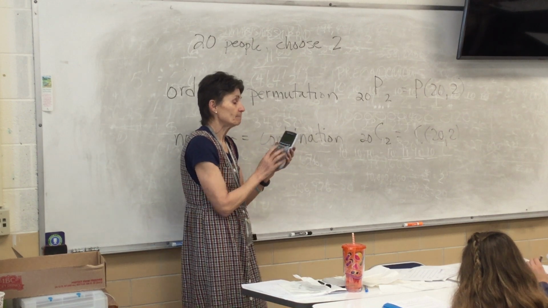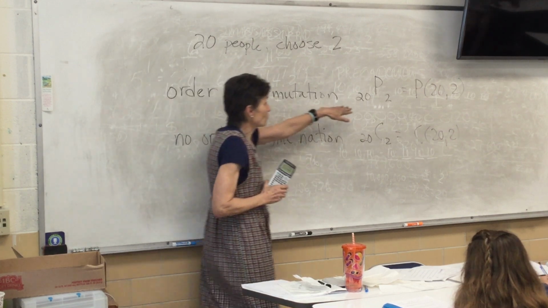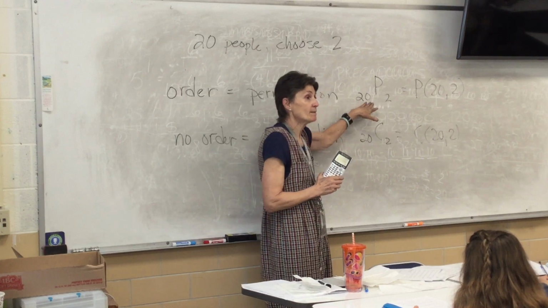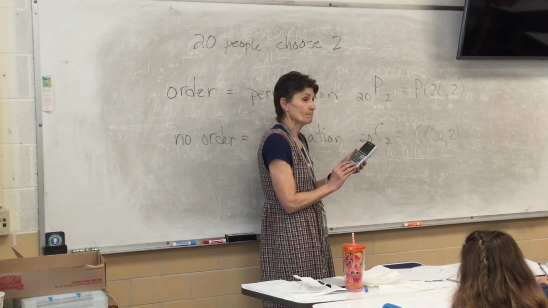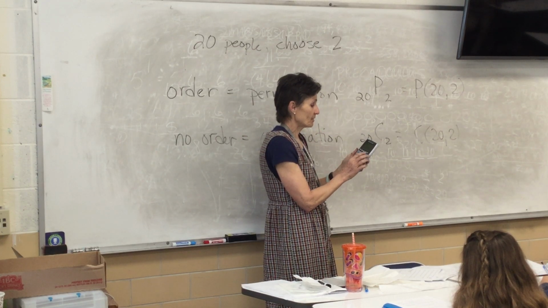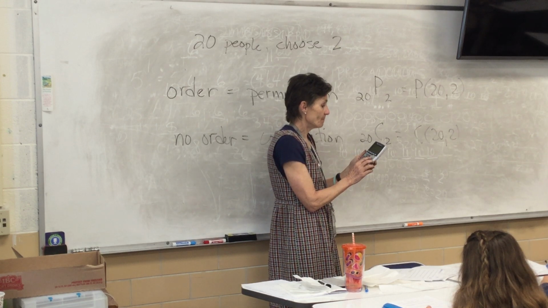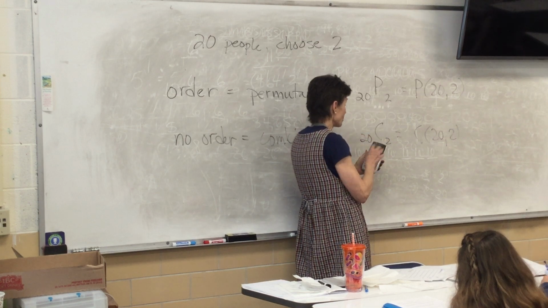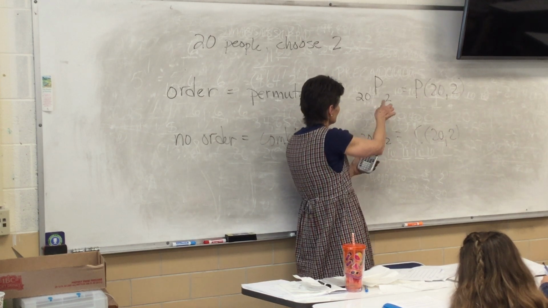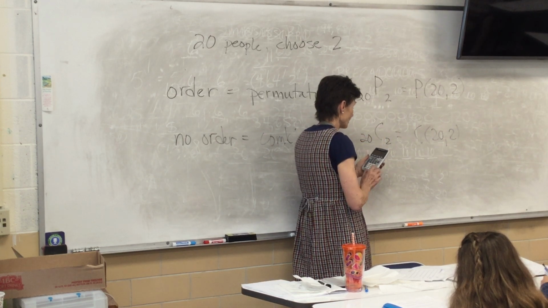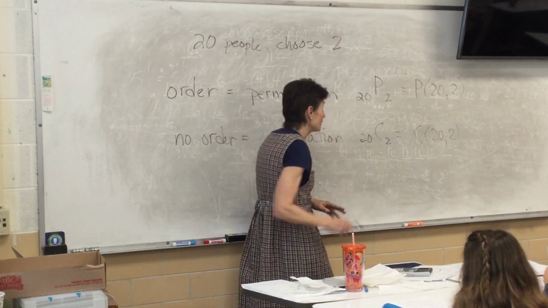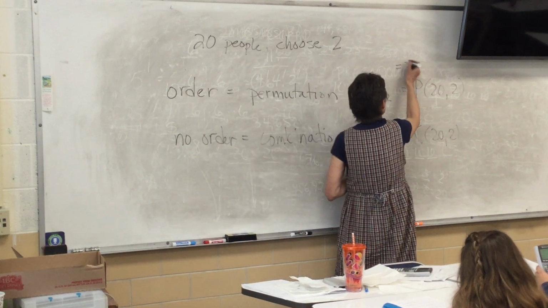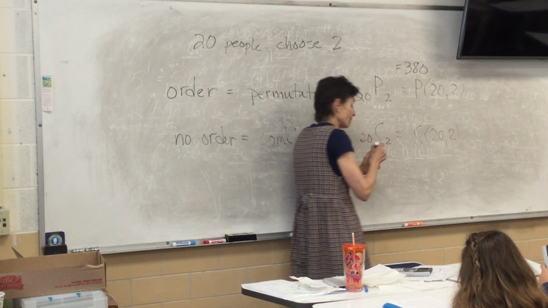So second quit. First of all, put in the 20, the big number. Math, prob. This is the P problem. We're doing the P problem first. So nPr, 2, enter. And there's your answer, 380. So the answer to this one is 380.